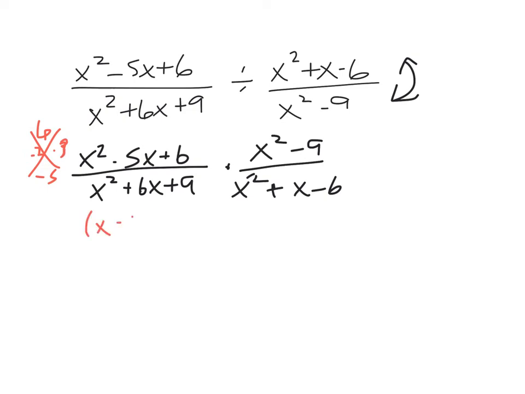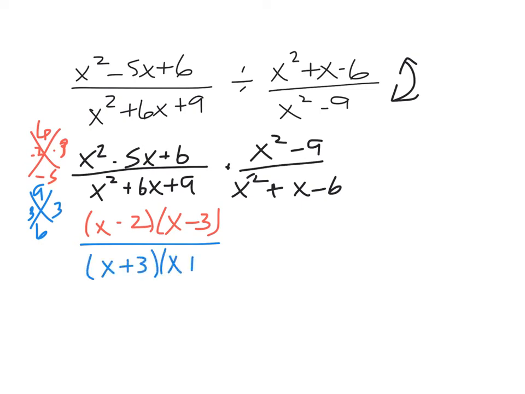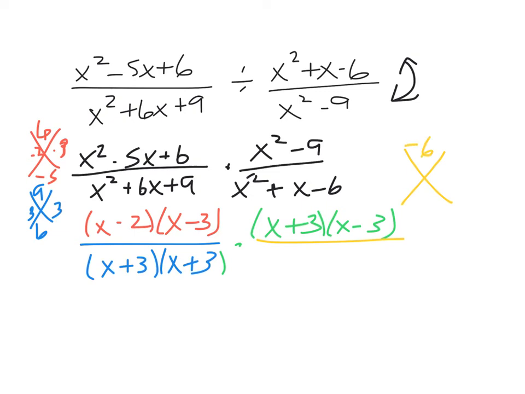So x minus 2, x minus 3. On the bottom, what two things multiply to 9 and add to 6? 3 and 3. So x plus 3, x plus 3. And then we have a difference of squares, so that's x plus 3, x minus 3. And the last one's an x. What multiplies to negative 6 and adds to positive 1 is going to be 3 and negative 2.